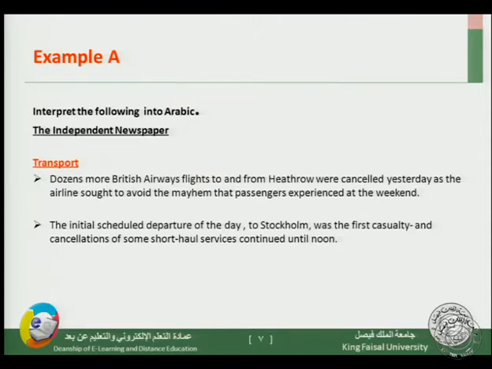I can read it out, and then you say to me, okay, Dr. Halima, can you interpret this into Arabic? And I can look at it. So there are two types, consecutive interpreting and simultaneous interpreting. We'll talk about it, inshallah, in due course.